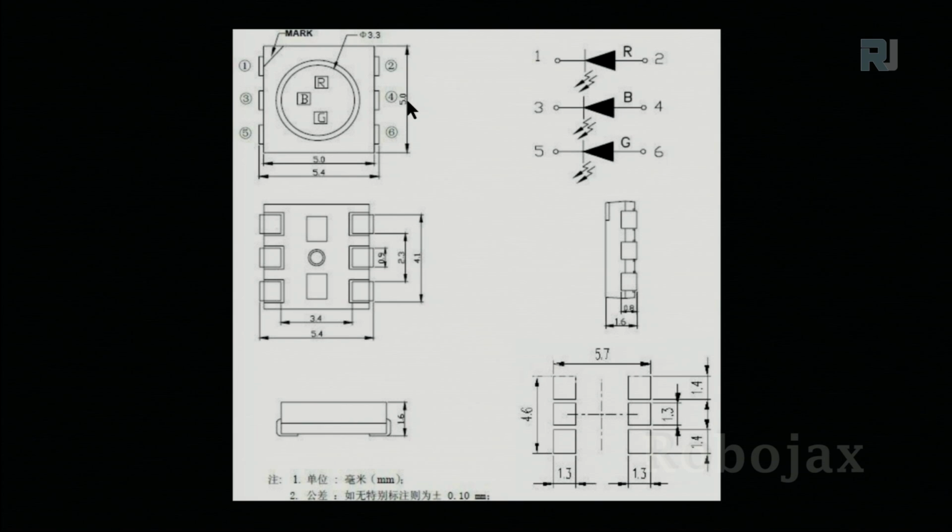It is 5 millimeter, and the pins are 1, 2, 3, 4, 5, 6. 1 and 2 are for the R, 3 and 4 are for the B, and 5 and 6 are for the G. They didn't label it RGB or BG. In the surface mount device, there is no common cathode or common anode because you can configure it whichever way you want.